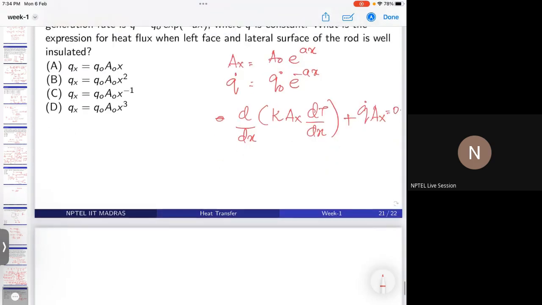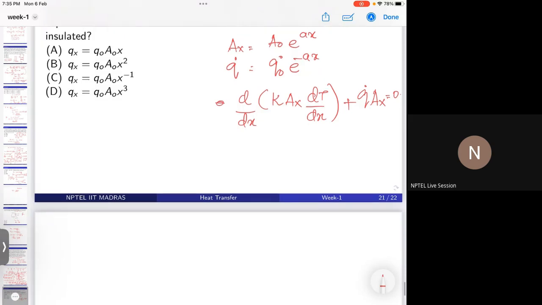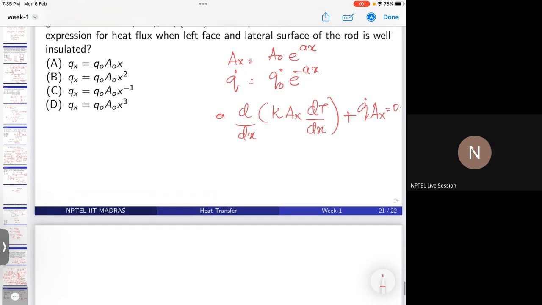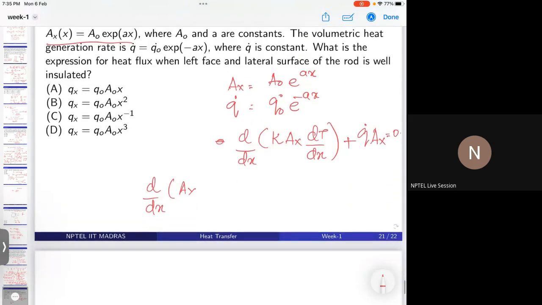This is a part of what we derived in the one-dimensional heat conduction equation. Now the k is constant, so we can write d by dx of A(x). So this is what we need, right?